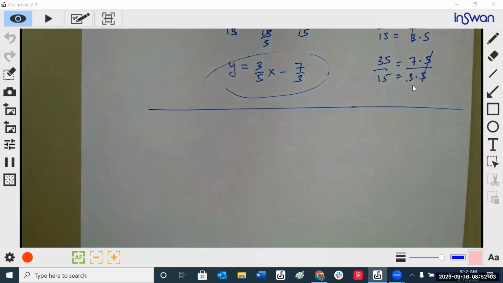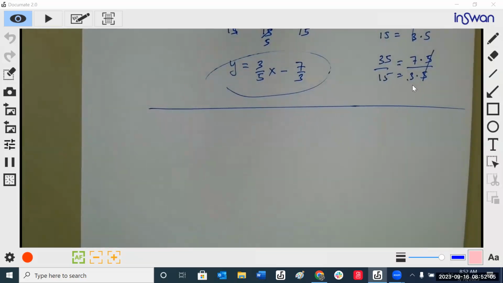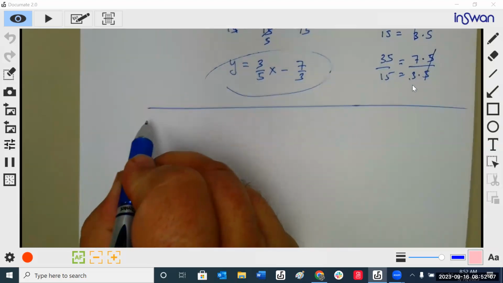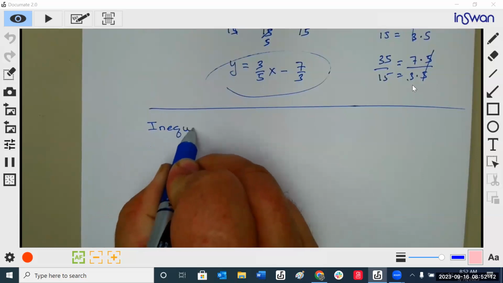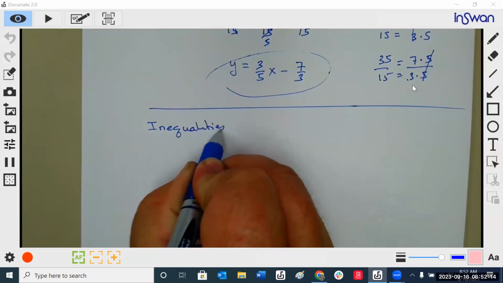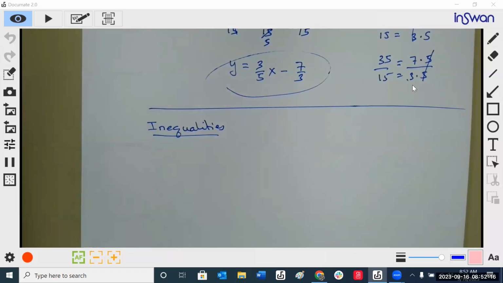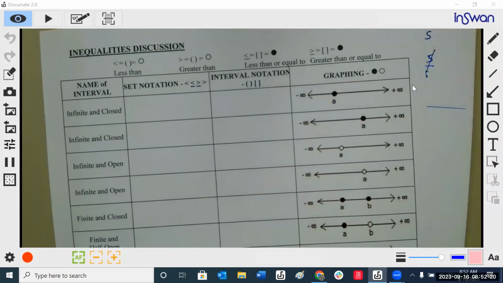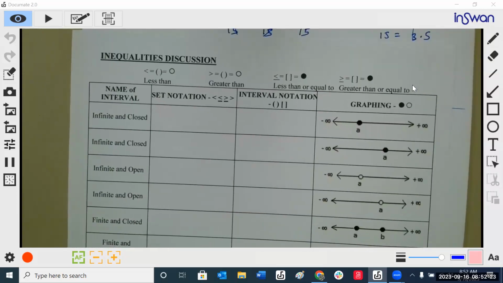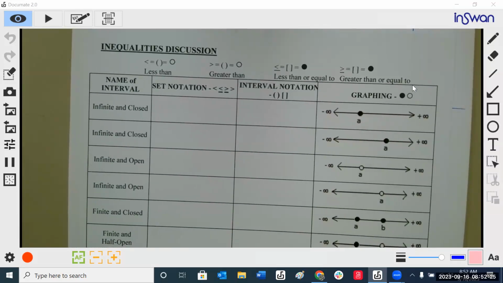We're going to fill out this chart. But before we start, I have to explain the symbols we use. The symbols are on the top of the chart, but I'll give an overview of them anyway.